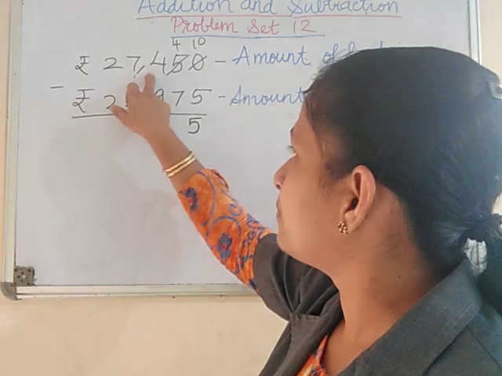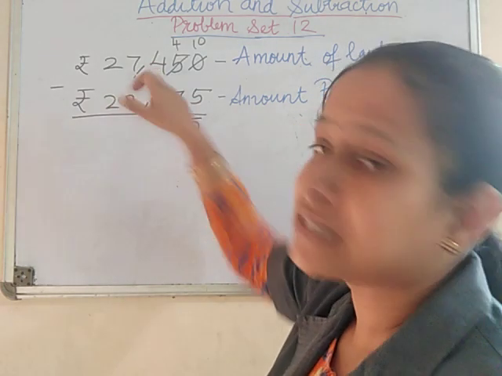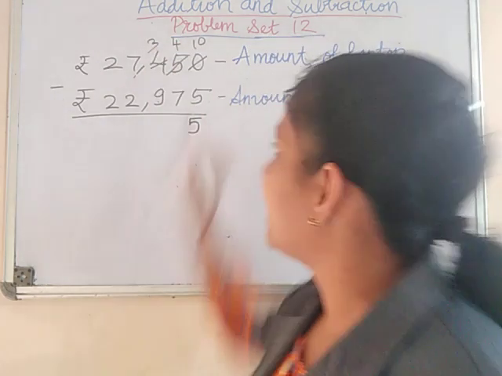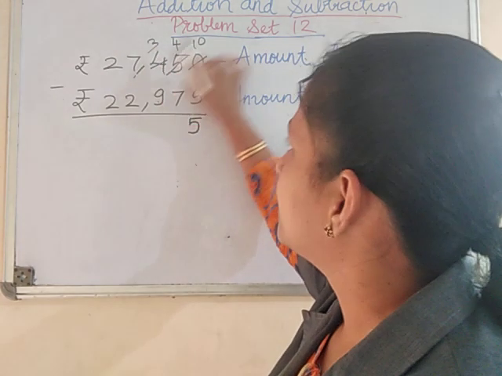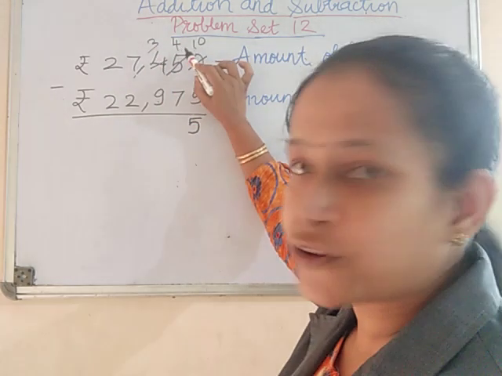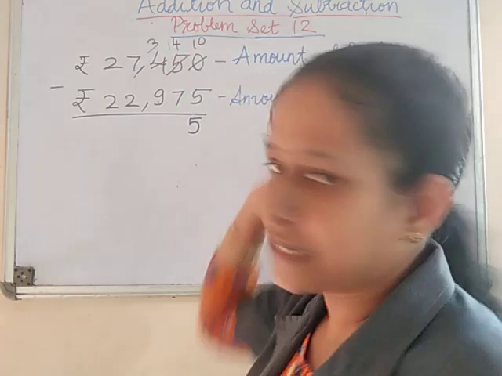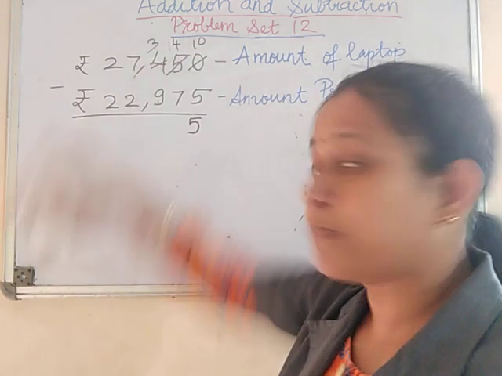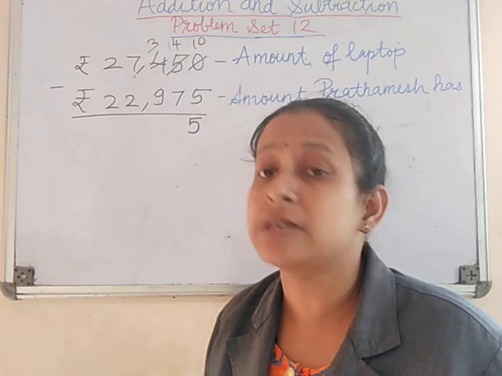So when we borrow 100 from 400, this becomes 300, so 3 will remain here. And that 100 plus 40 becomes 140, which we write as 14 like this. We don't write the 0s because they are already in their places, therefore we need not write them.